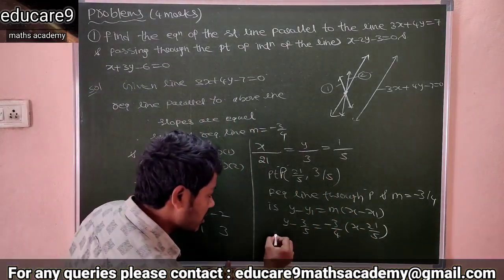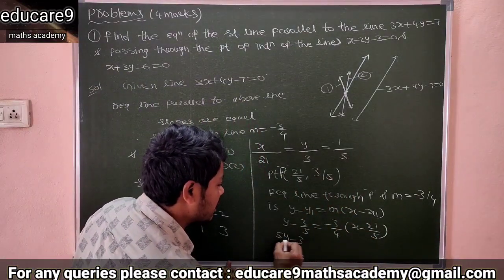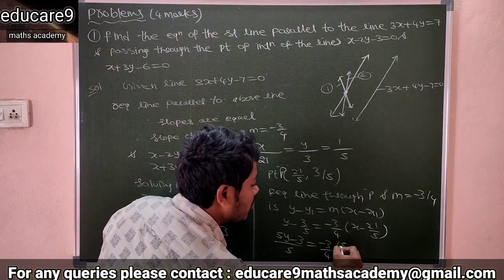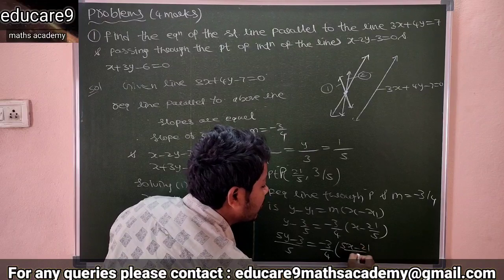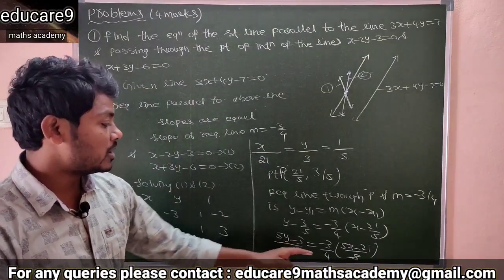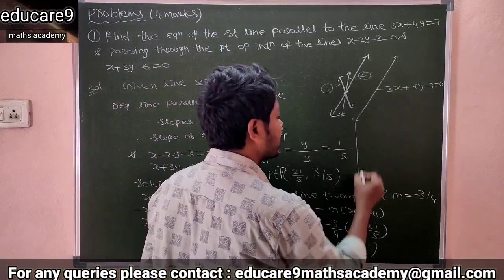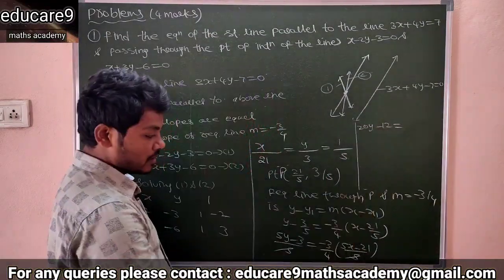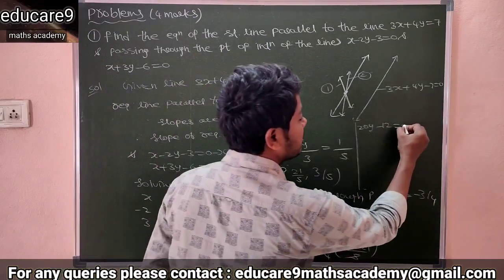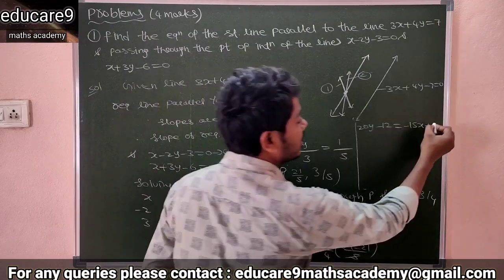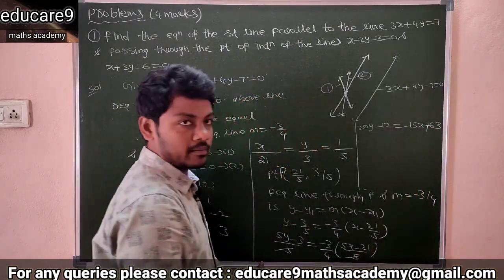On both sides the 5 gets cancelled. Now cross multiplication: 4 into 5, 20y minus 12 is equal to minus 3 into minus 5x, minus 15x plus 3 into 21, that is 63.